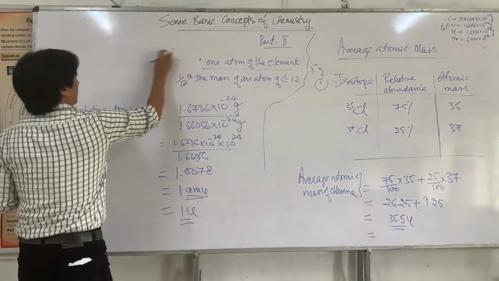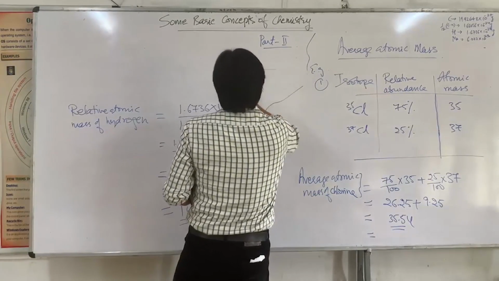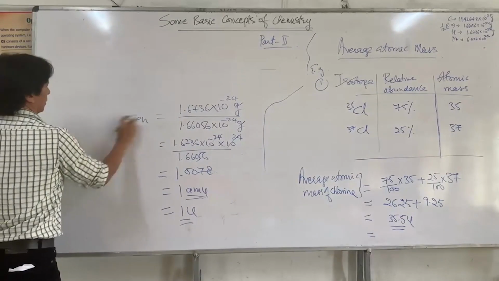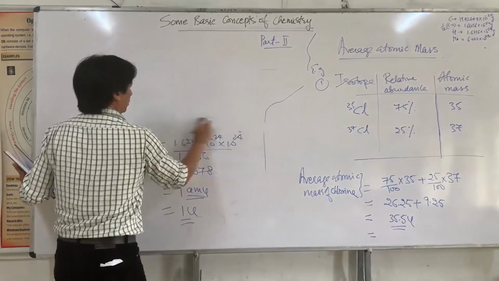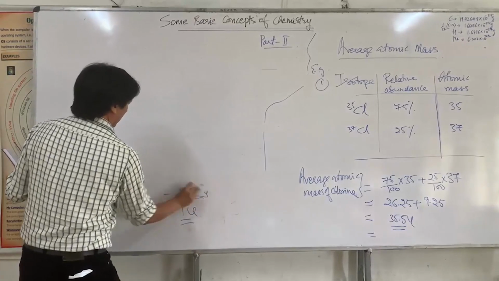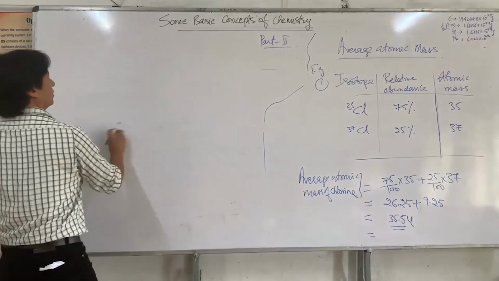Now, just like you've seen atomic mass, we now talk about something called molecular mass. As far as molecular mass is concerned, it is nothing but the sum of the masses of the atoms of different elements present in a molecule.